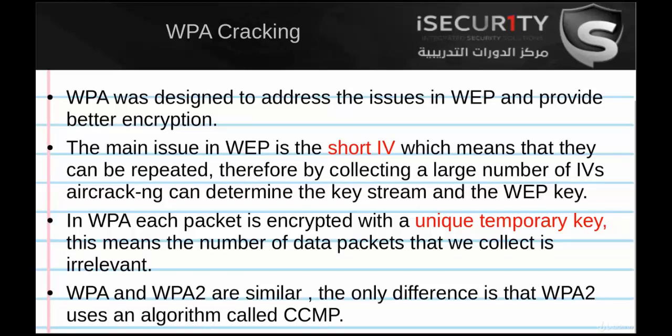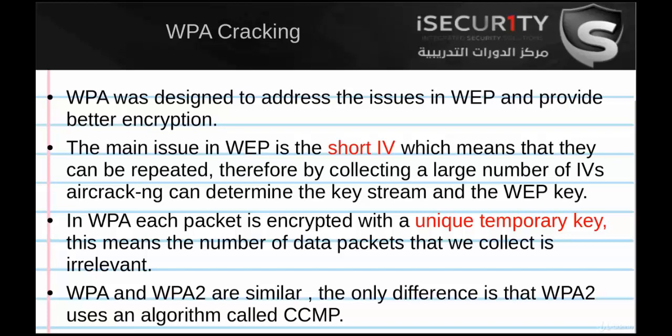So when we were injecting packets or in naturally active networks, we would have more than 2 packets that have the same IV. When this happens, aircrack-ng can use statistical attacks to determine the key stream and then determine the WEP key.